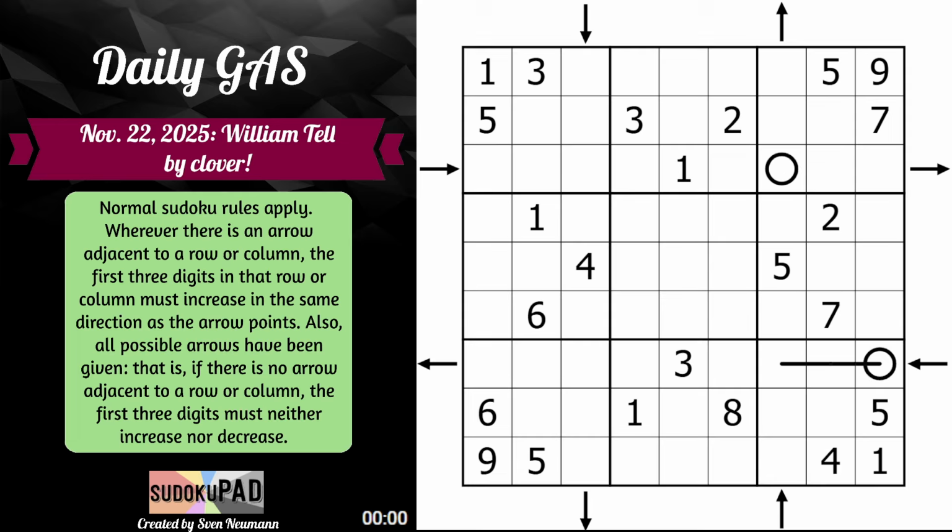But more importantly is this negative constraint that Clover has given us, where all possible arrows have been given. What she notes here is that when we're looking at a set of three cells on the edge of the board where there is no arrow, we know that the central digit is either the highest or the lowest value of the three.